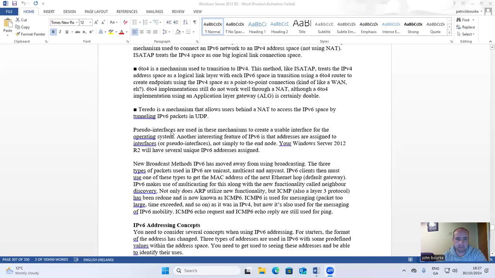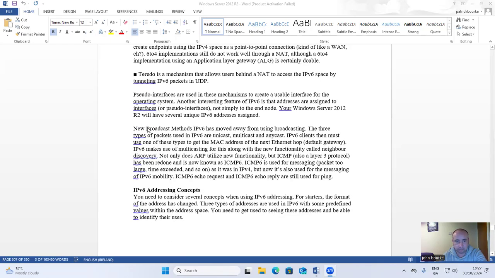Pseudo interfaces are used in these mechanisms to create a usable interface for the operating system. Another interesting feature of IPv6 is that the addresses are assigned to interfaces or pseudo interfaces, not simply to the end node. Your Windows Server 2012 R2 will have several unique IPv6 addresses assigned.